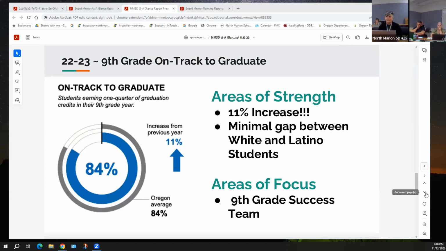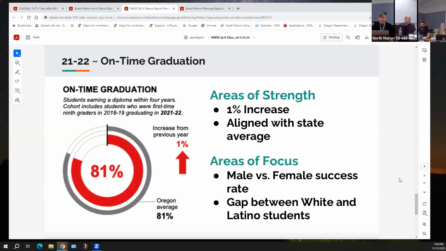And it ultimately is the thing that will best predict our graduation success. 9th grade on track is probably the number one predictor of graduation of all the data we have. And that's not just us saying that, that's statistically true across the nation. That's why 9th grade on track actually became something to look at.